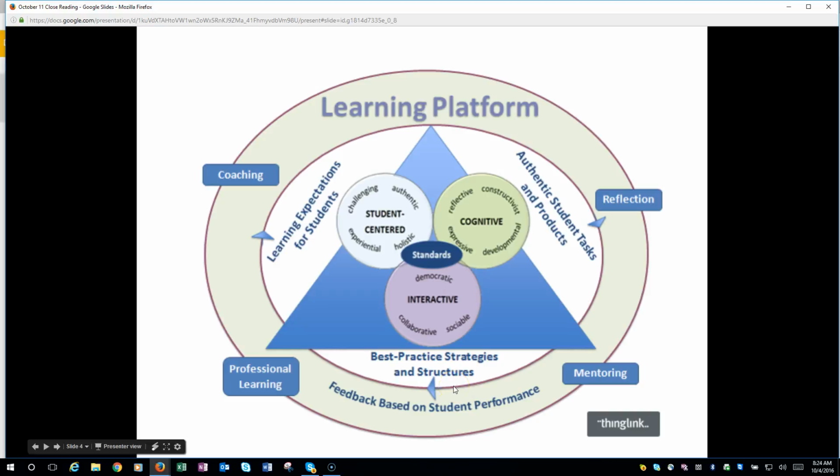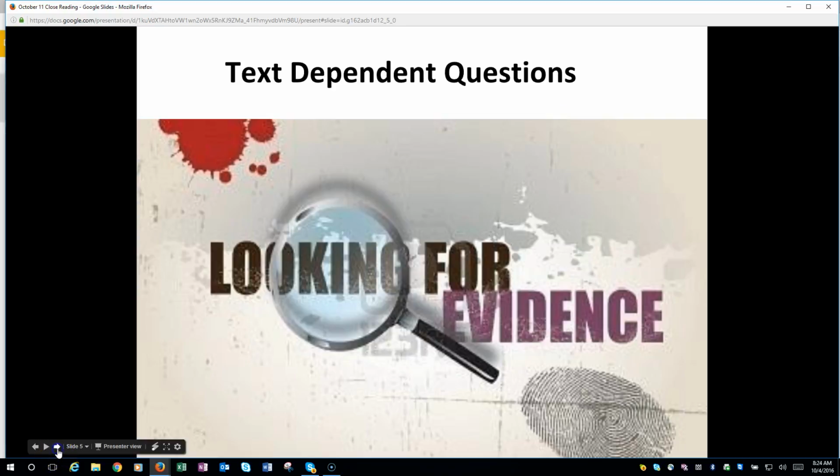It's a whole group lesson, but it's using the gradual release of responsibility with children. And then the learning expectations for the kids are extremely high. And so it's very student-centered, really reaching kids at a cognitive level, and then that interactive piece where they are collaborating and arguing over text. Really, you can see where close reading fits really well within the learning platform.